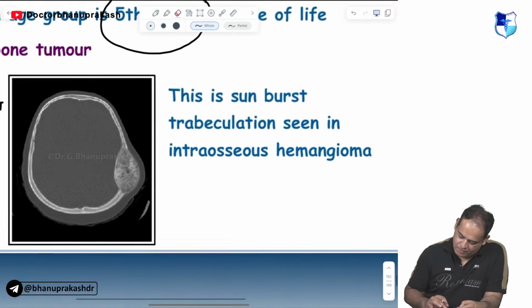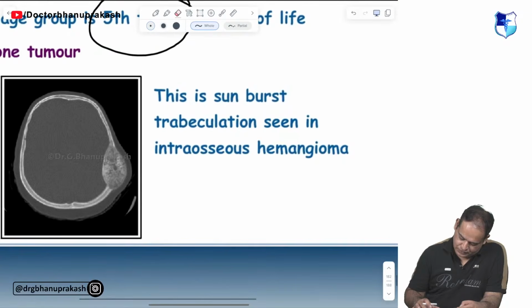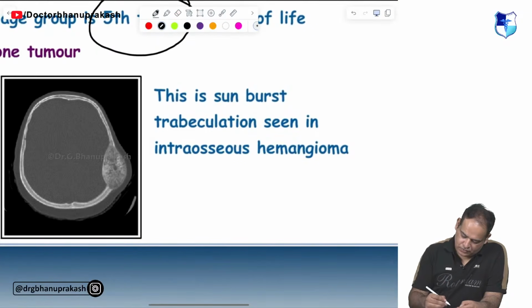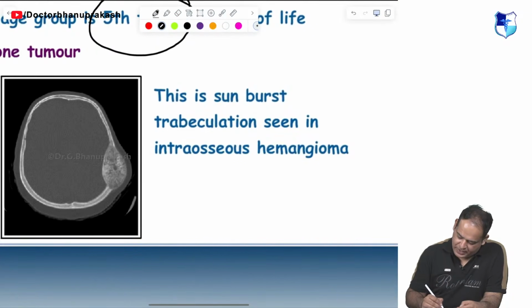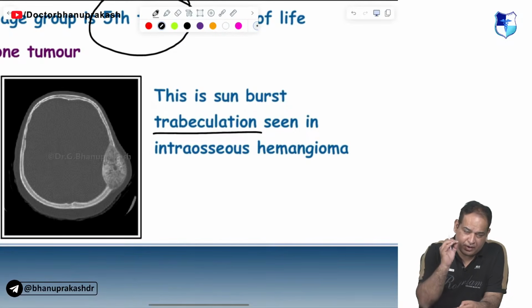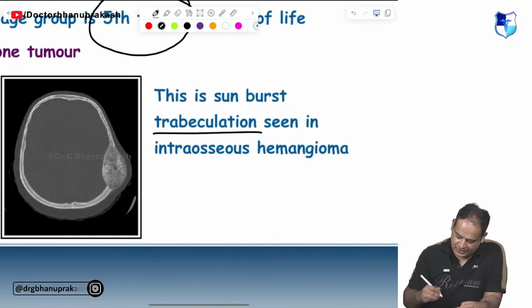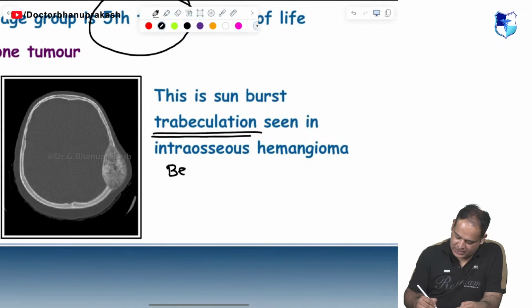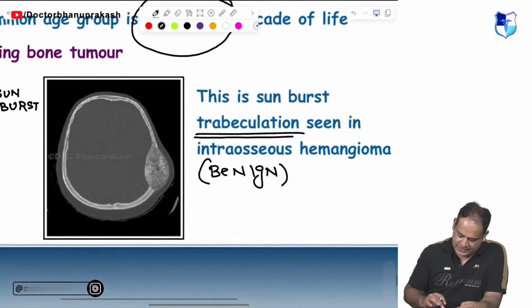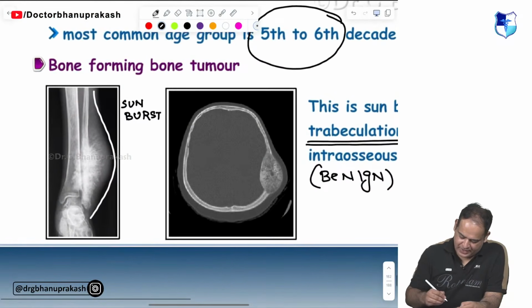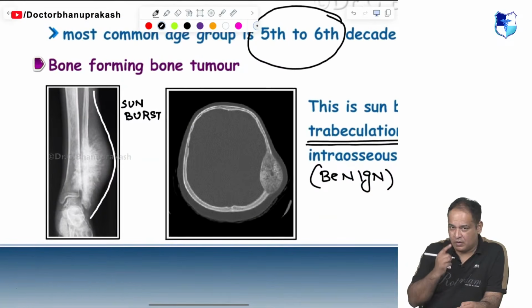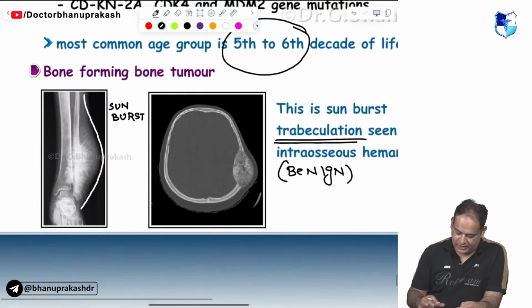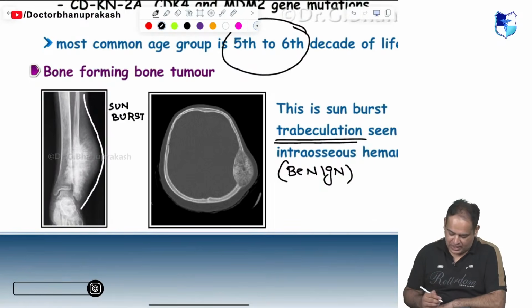Now, make sure of this: sunburst appearance and sunburst trabeculation are different. Sunburst trabeculation is seen in benign tumors, and sunburst appearance is seen in osteosarcoma.